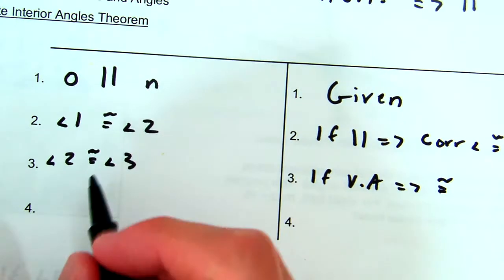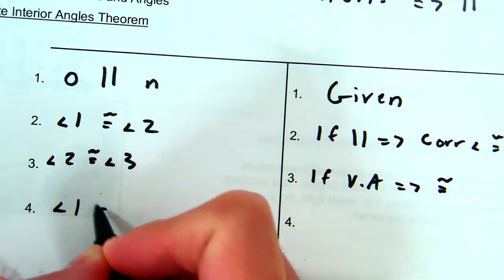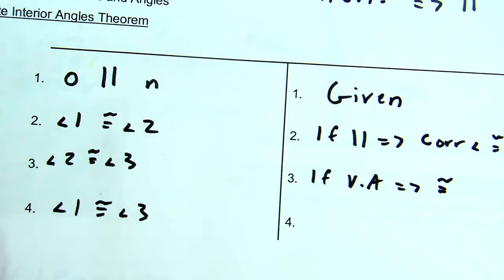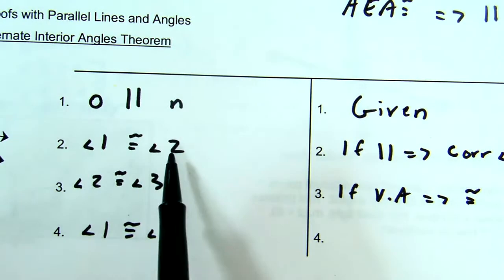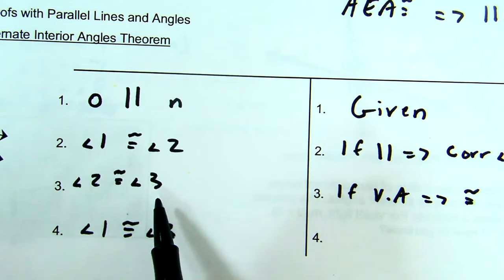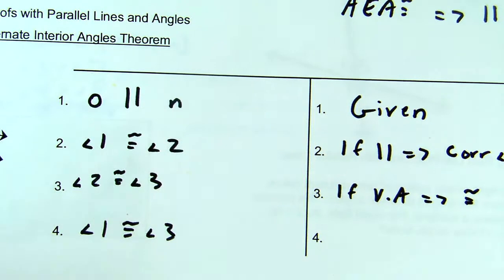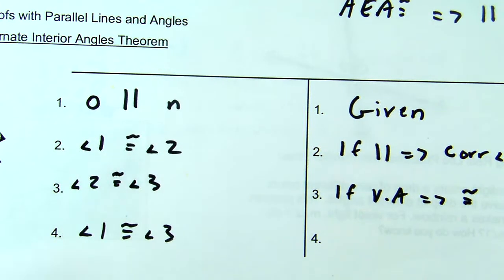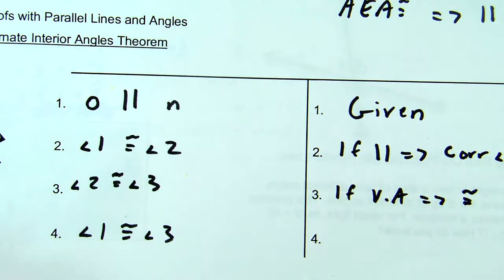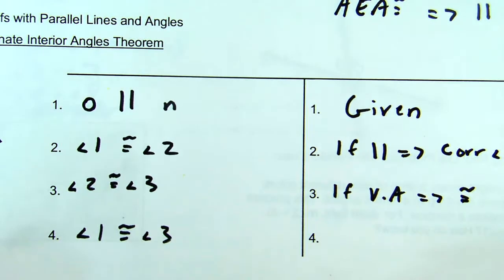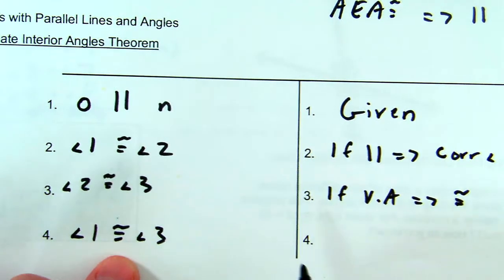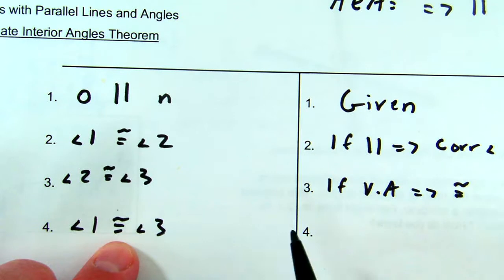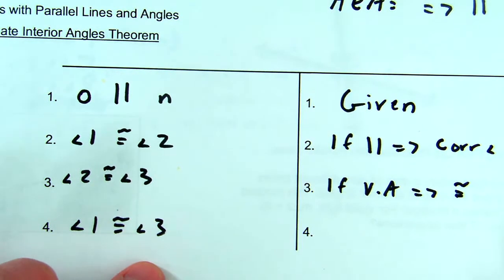And lastly, hopefully you can see now, we can say that angle 1 is congruent to angle 3. Because if 1 is 2 and 2 is 3, you have three pieces of information here. Hopefully I clued you in from the theorem that we talked about earlier: if 1 is 2 and 2 is 3, why can we conclude that 1 is 3?